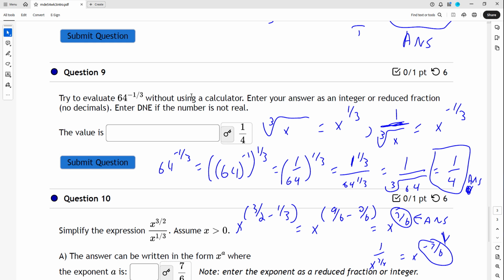Okay, so here you need to understand that you can rewrite radicals with fractional exponents. So x to the 1/3 power is the same thing as the cube root of x. With a negative exponent here, it goes in the bottom. So it looks like that.